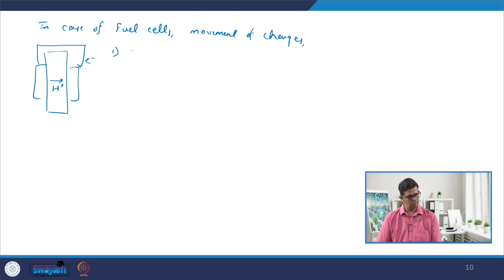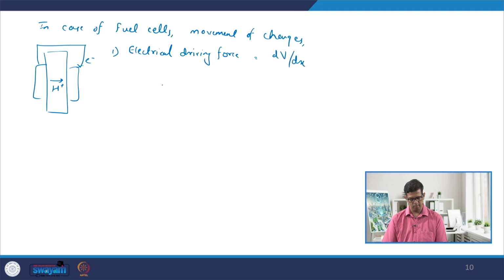First is the electrical driving force, that is dV by dx, the potential gradient.